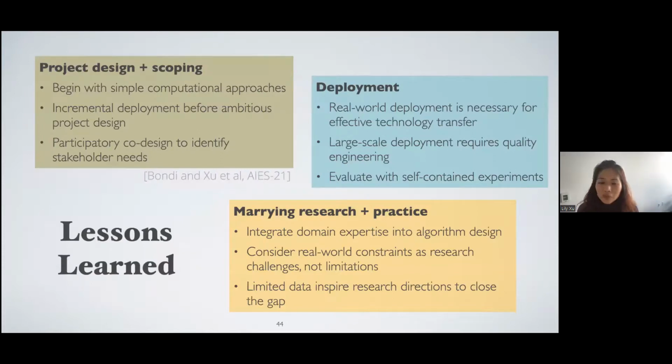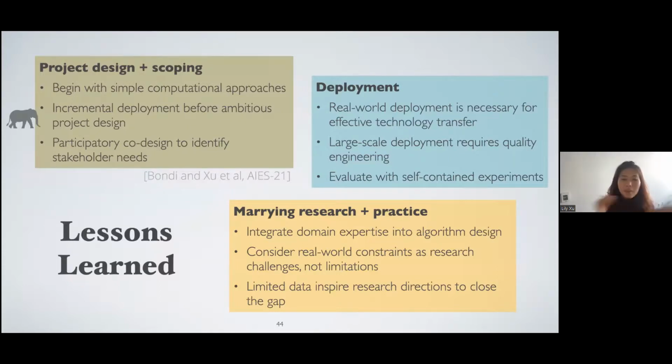And to close off, I want to highlight a number of lessons learned throughout the process of designing, implementing, deploying, and scaling the PAWS system. So I have a number of points here, but to highlight two of them in particular. The first is emphasizing the importance of incremental deployment before ambitious project design.